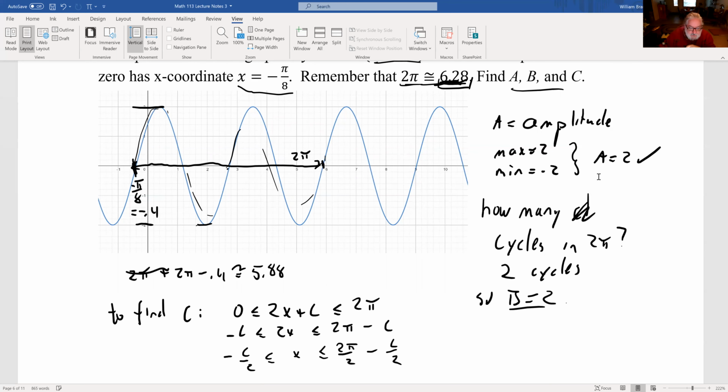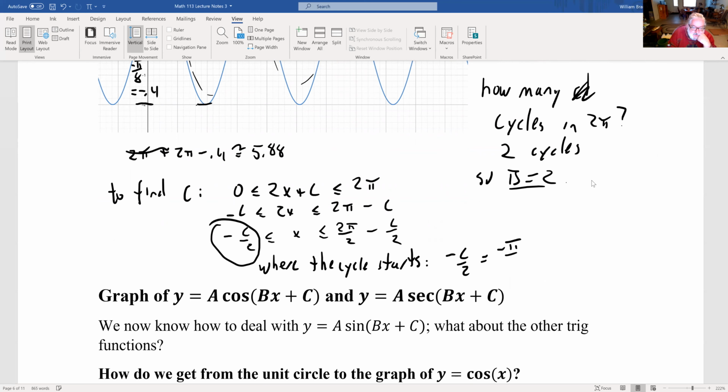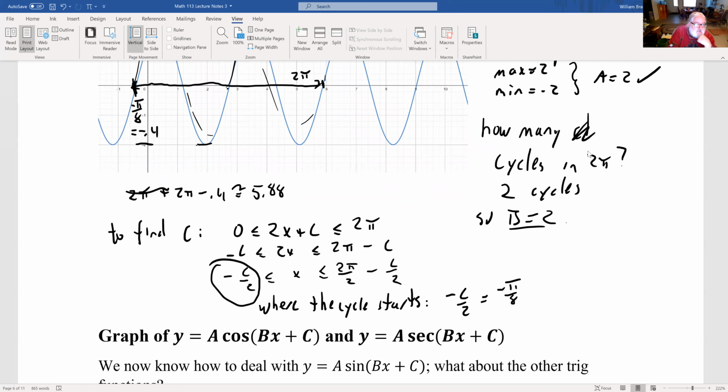And the thing to remember is this number where the cycle starts. So minus C over 2 should be equal to minus pi over 8, because that's where our cycle started. So multiply both sides by minus 2, C equals pi over 4.